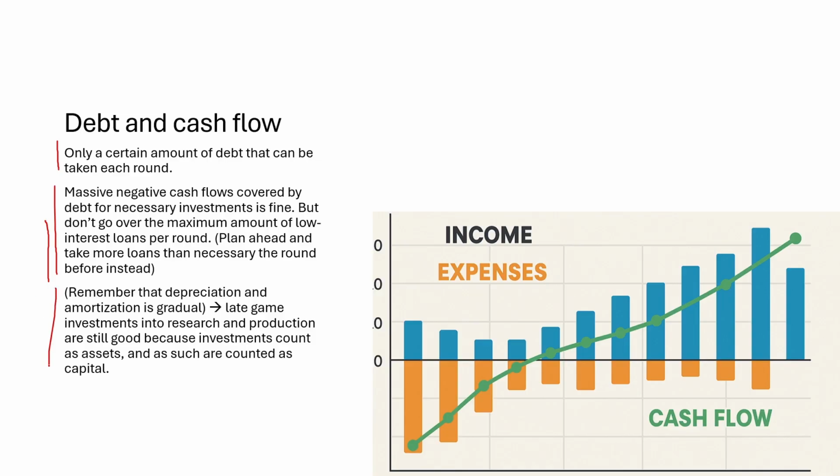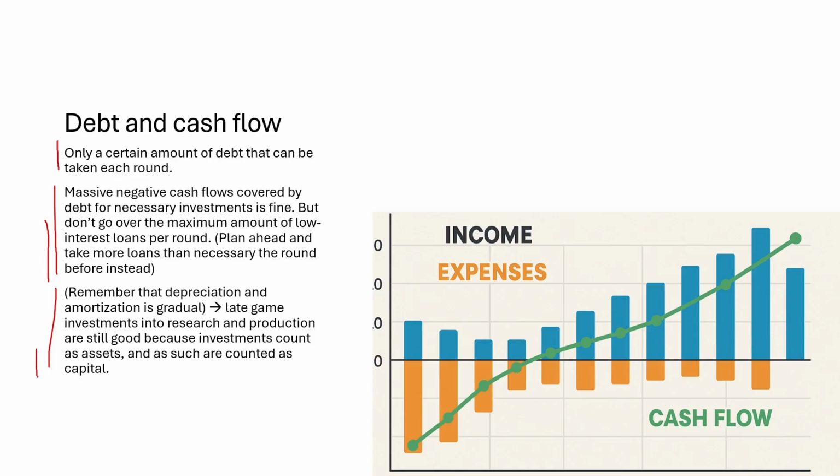Now, you should remember that depreciation and amortization is gradual. So making investments in the late game into research and production can still be good, because those factories and investments count as assets for maybe 10 quarters or whatever period they're depreciated or amortized over.